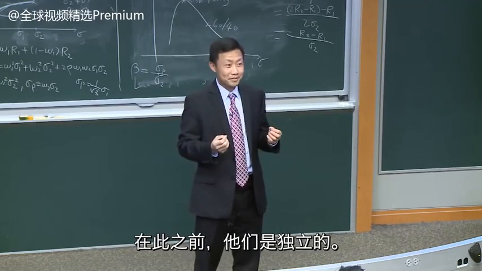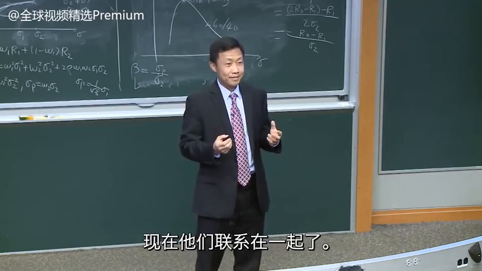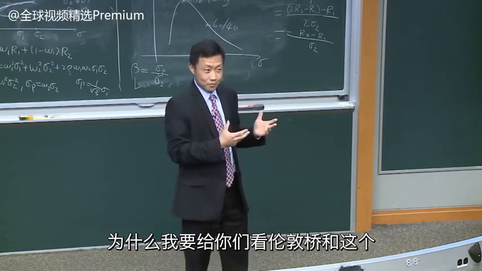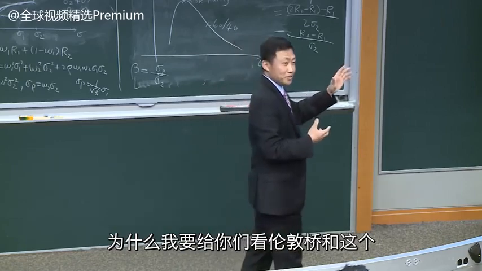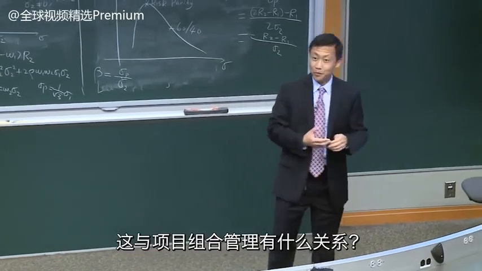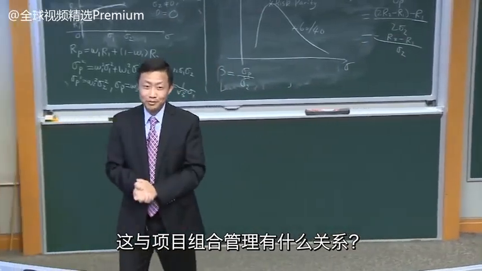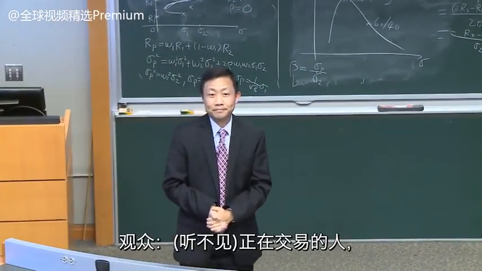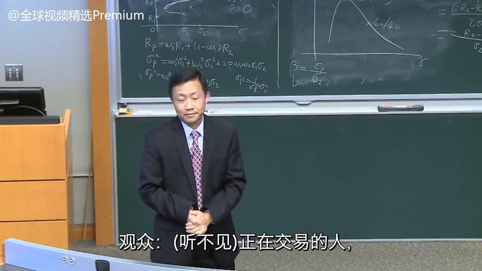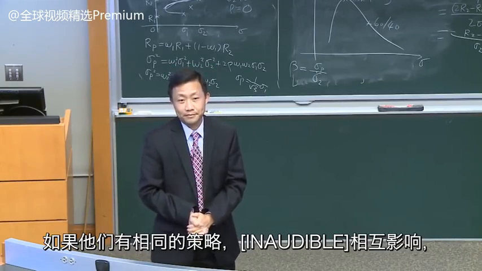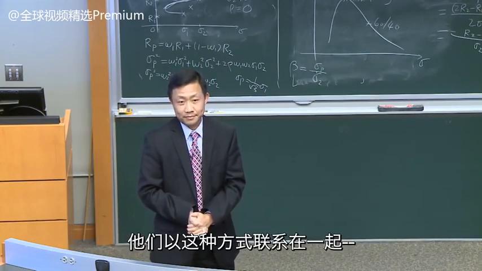Before, they were individuals; now they are connected. Why did I show you the London Bridge and this at the same time? What does this have to do with portfolio management? People who are trading, if they have the same strategy, are going to affect each other. They become connected in that way.